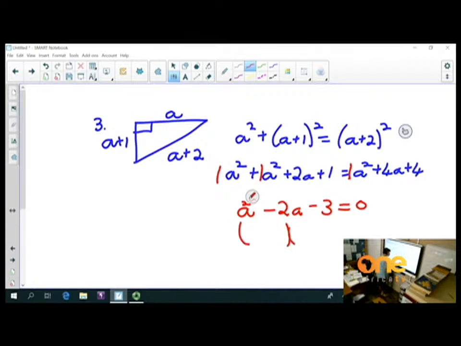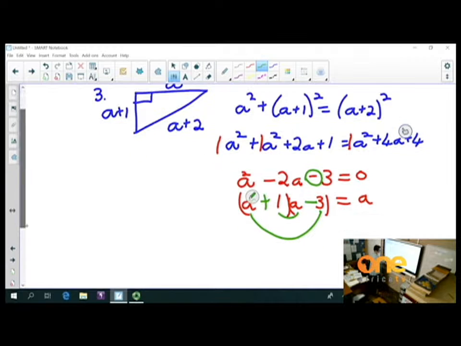So now we can factorize this one. So it will be a and a, 3 and 1. Signs differ. It tells you again signs differ. And the biggest combination is negative. This is the combination like this. So this one is negative and this one is positive.